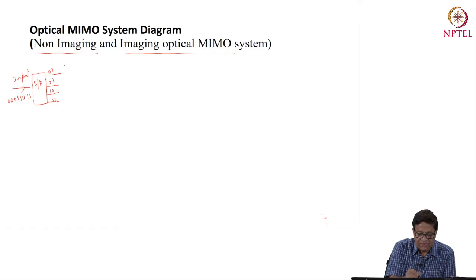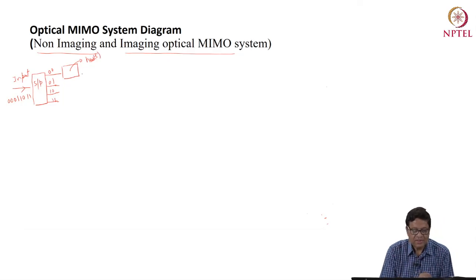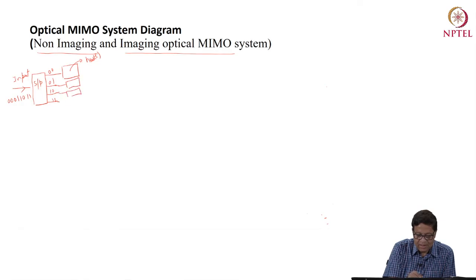And this stream is given to an LED, which has an impulse response. Say this is LED 1, which has a response HLED. Similarly, this goes to this LED, this LED. So each has an LED response HLED-T.